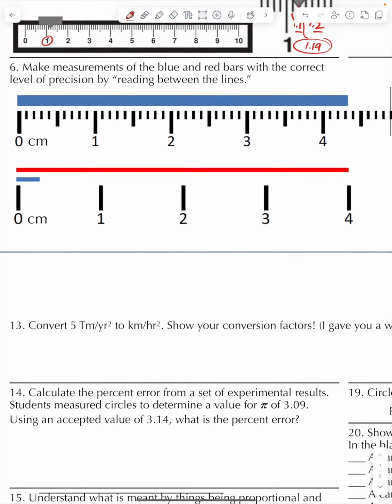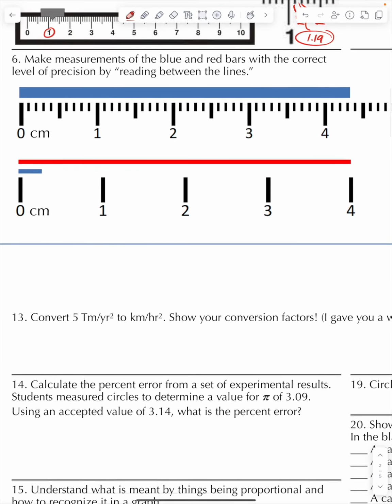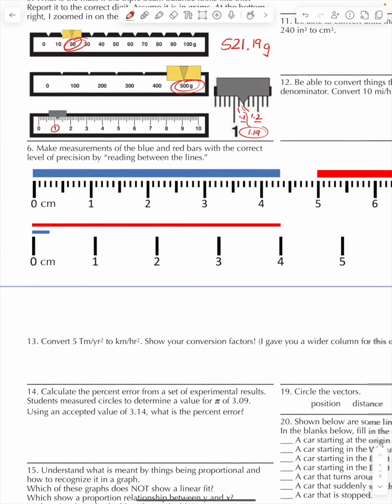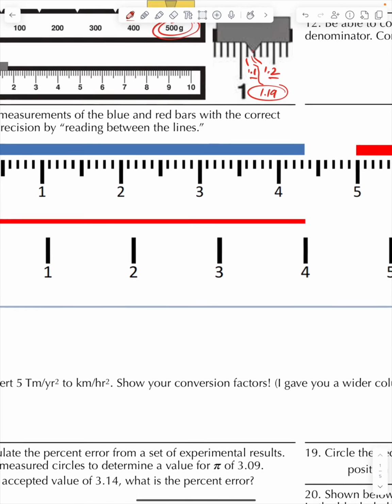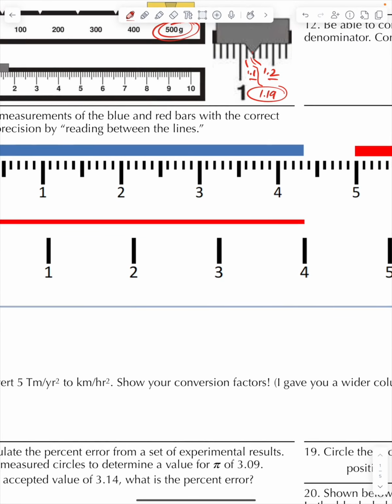Okay, let's get to the bottom one, and that's using a ruler. Let me zoom back out. So let's do the blue line. We're starting at the 0, and again, what might help you out is to realize what these markings are. This black one is about 4.3, right? And this one is about 4.4.